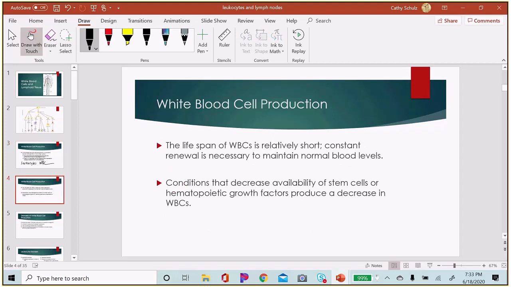We know that the lifespan of white blood cells is short, so we're constantly making some white blood cells to keep in the blood if needed, as surveillance or as the beginning to help start the process. Conditions that decrease the availability of stem cells or growth factors would decrease white blood cell production in general.